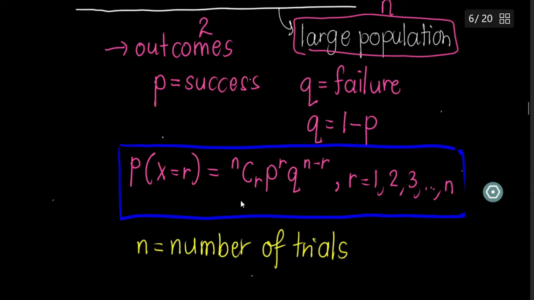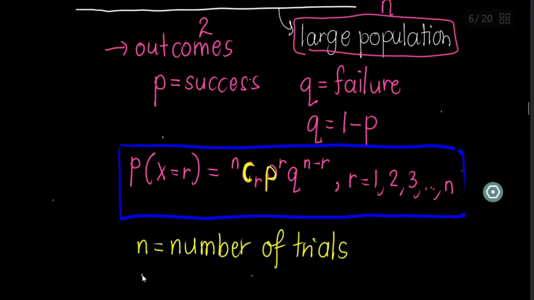What is C? You already know C is combination, and P is permutation. We already learned C and P in chapter 4, so I'm not going to write that down.